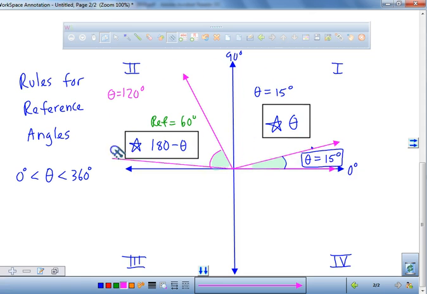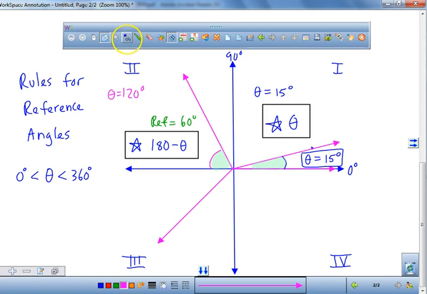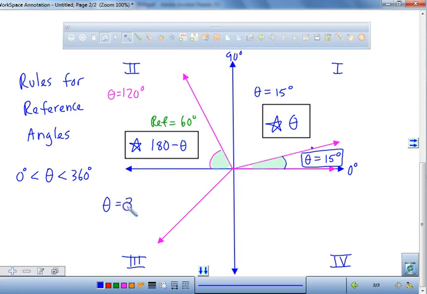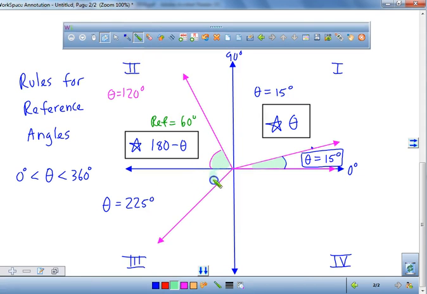What if I rotate all the way around and put it right here? What if I said theta was equal to 225 degrees? If theta was equal to 225, your reference angle is going to be this angle right in here. How many degrees do you think this is going to be?